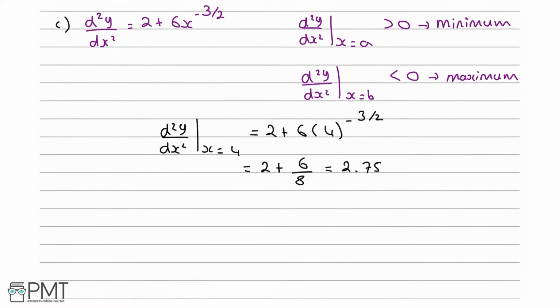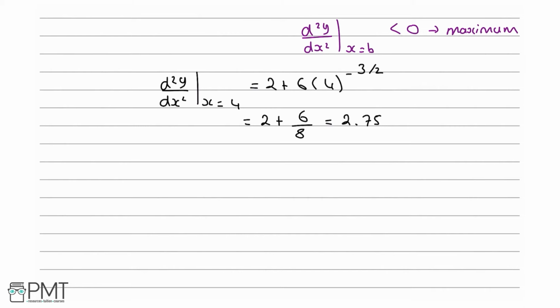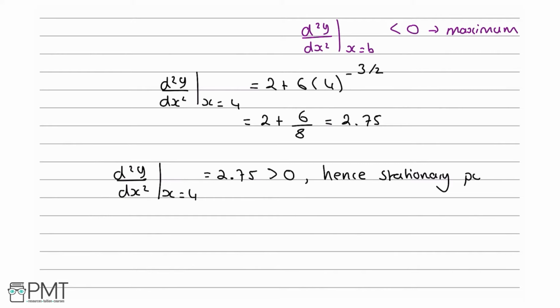We need to say that d squared y by dx squared at x equals 4 equals 2.75, which is greater than 0. Hence, the stationary point is a, so we said if it is greater than 0, it's a minimum. So hence the stationary point is a minimum.